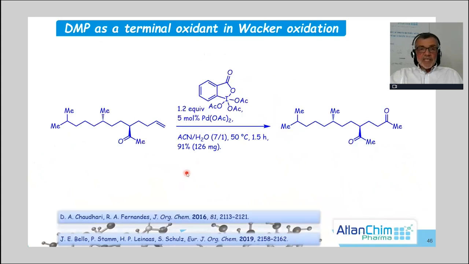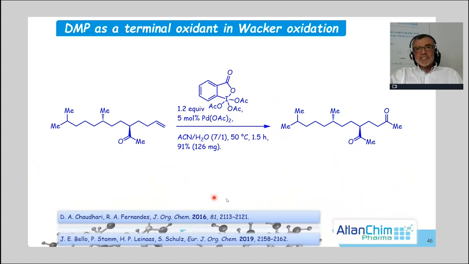So in 2016, Choudhury and Fernandez published an operationally simple and scalable protocol for the Wacker oxidation using palladium acetate as catalyst and the Dess-Martin reagent as a terminal oxidant in a mixture of acetonitrile and water.